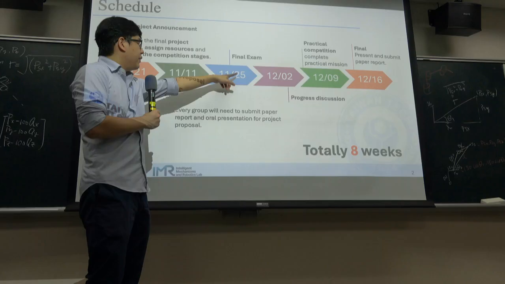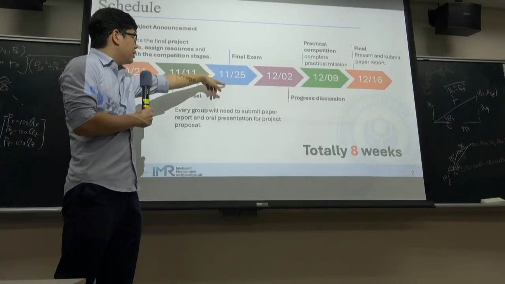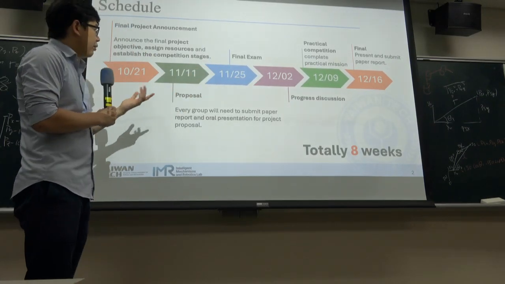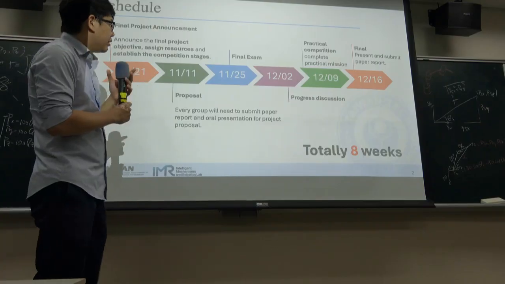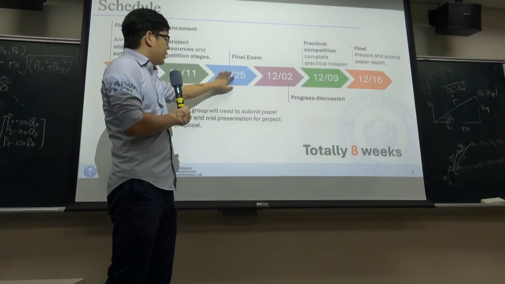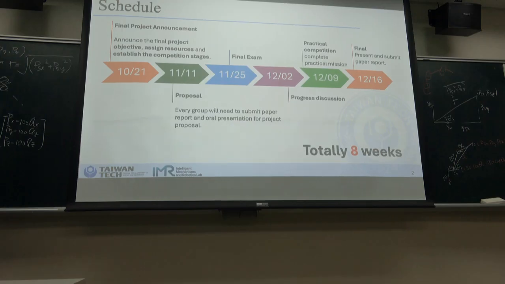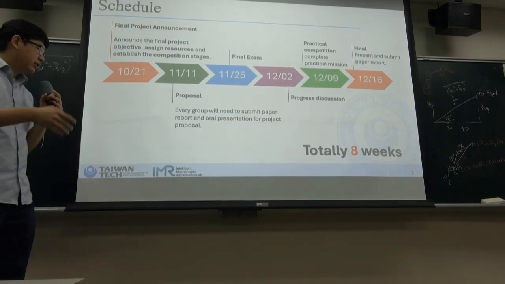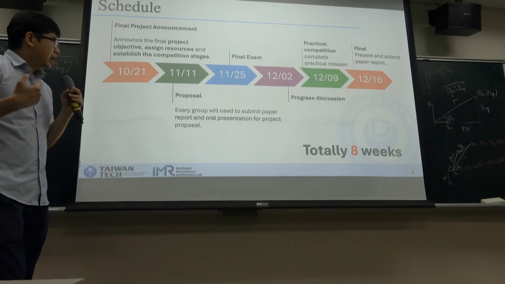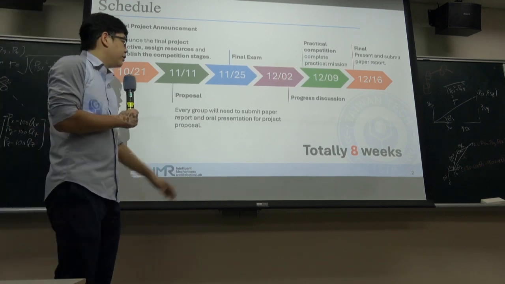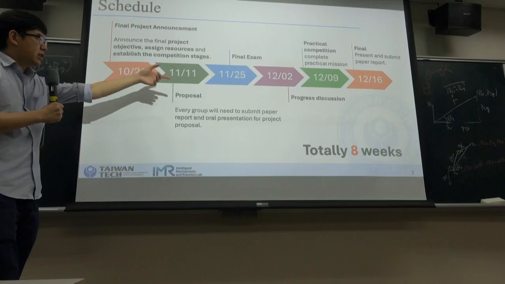And on the 25th is the final exam. We only have one exam. This exam only covers from the sensors, which is all the introduction parts, to the Jacobian, which we already taught last week.